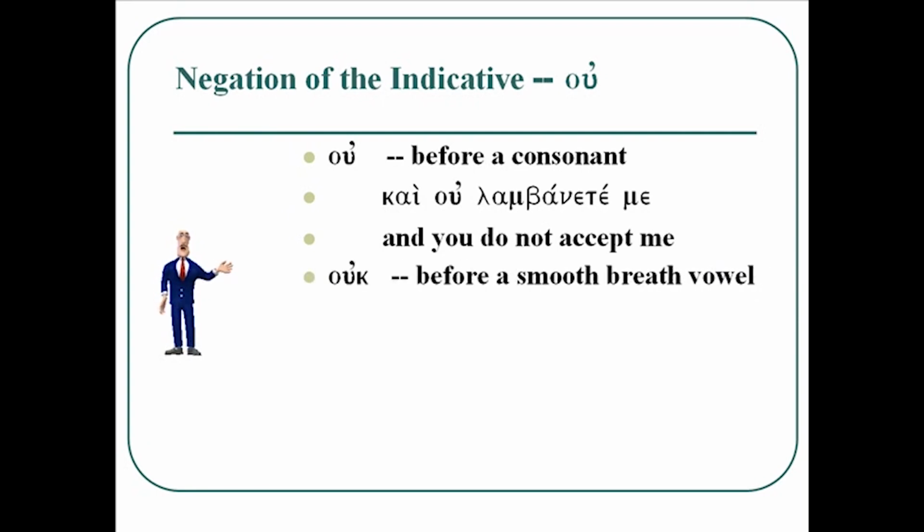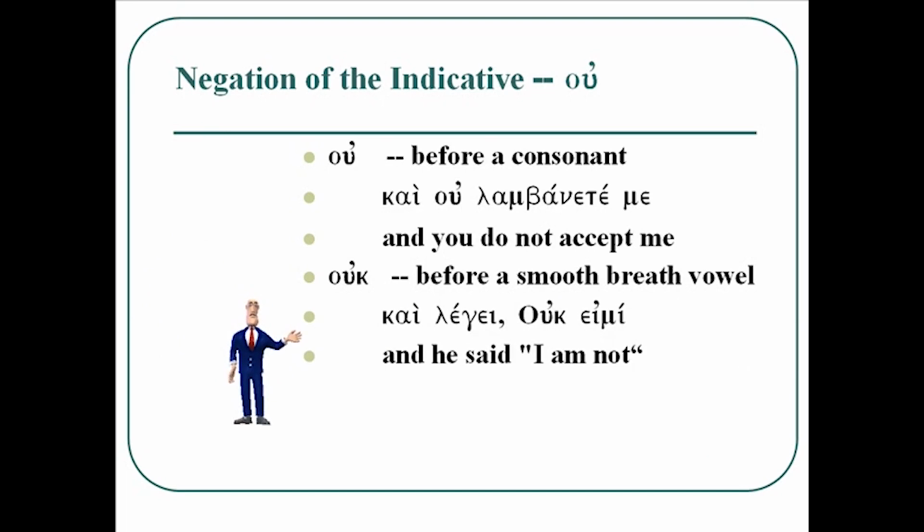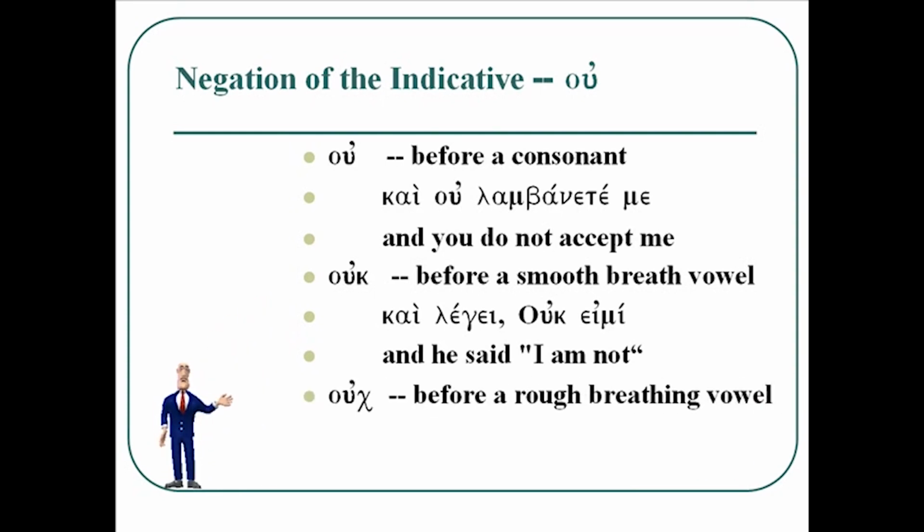The form becomes ouk when it comes before a smooth breathing vowel. So, for example, it's kai legei ouk eimi. And he said, I am not. The ouk takes the kappa because eimi begins with a smooth breathing vowel, or a diphthong in this case. The ou becomes ouch with a chi when it comes before a rough breathing vowel.